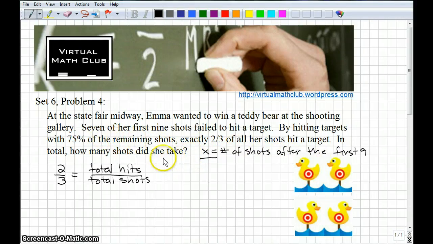Okay, so just be aware of that. A lot of times it's a good idea to define your variable to be the answer that you're looking for, but sometimes it's not always convenient. So just keep in mind how you defined your variable, and make sure at the end of the problem that you go back and reread what they were asking for, and make sure that you actually answered the question.